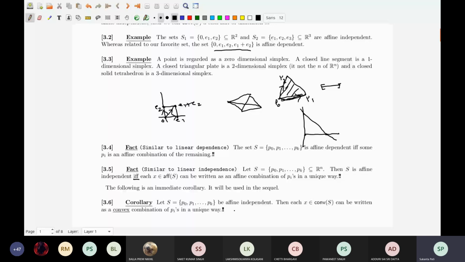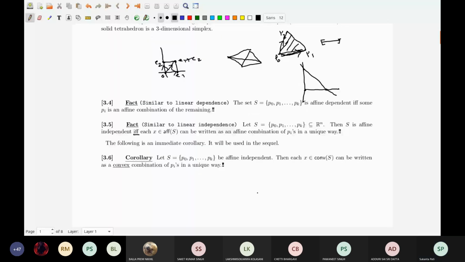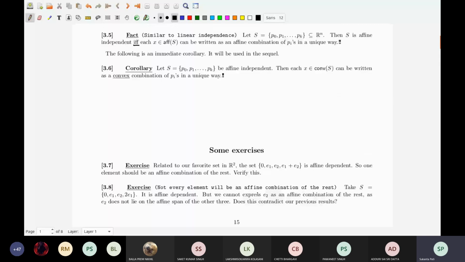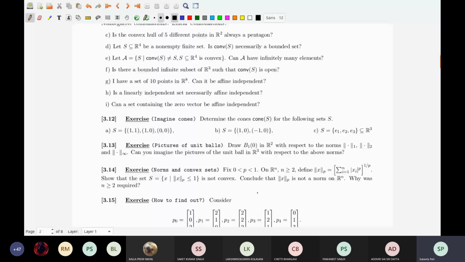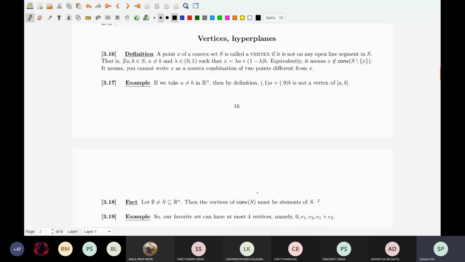So this much of the affine independence concept. We will have to proceed further, with just 1 or 2 exercises to do that. We'll go to another concept called the vertex, and we'll also talk about the hyperplane.